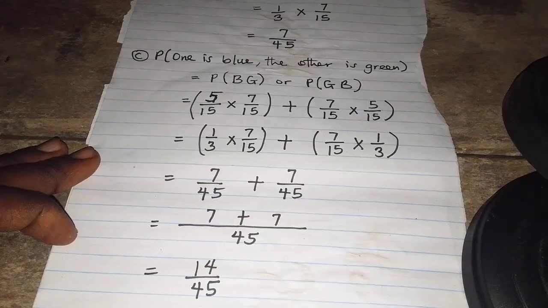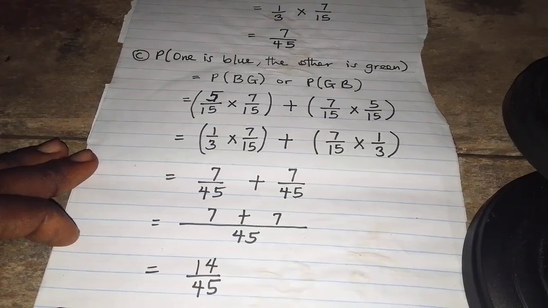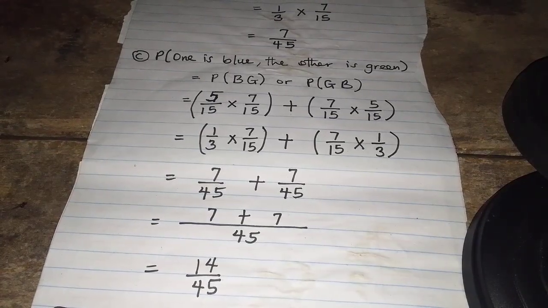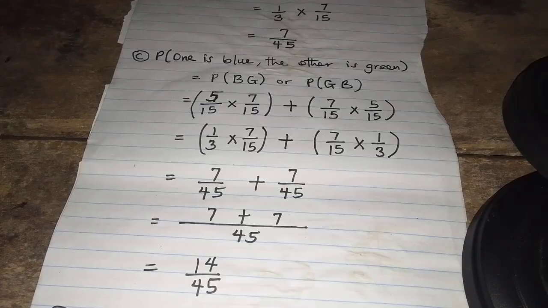14/45. Now, the D part says, what is the probability of getting different colors? In this situation, you are going to look for the different ways of combining the colors to make them different.